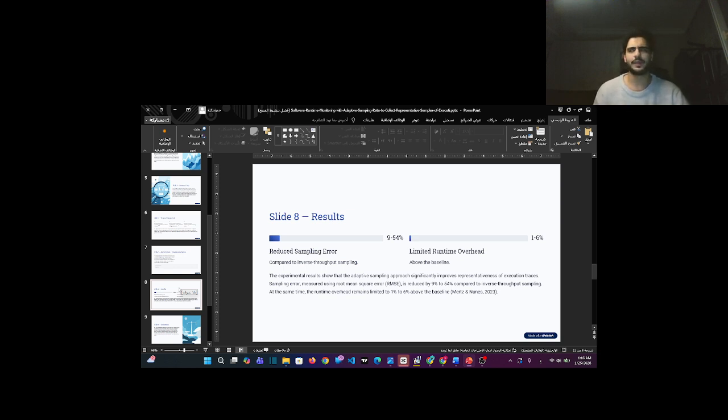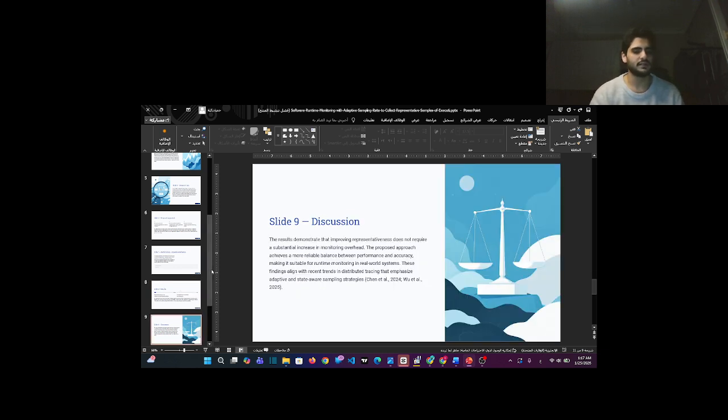At the same time, the runtime overhead remains limited, increasing by only 1 to 6%, as you can see, relative to the baseline. These results show that the improved quality can be achieved without substantial performance penalty.